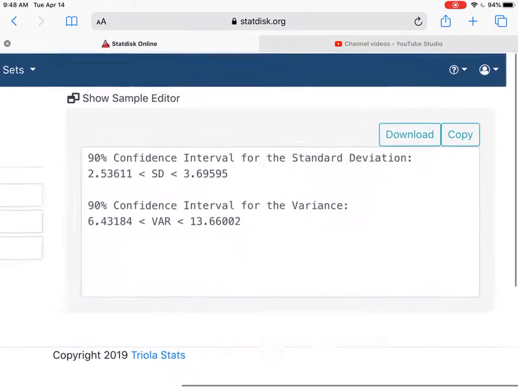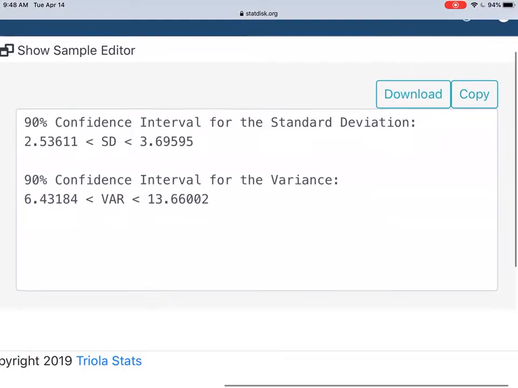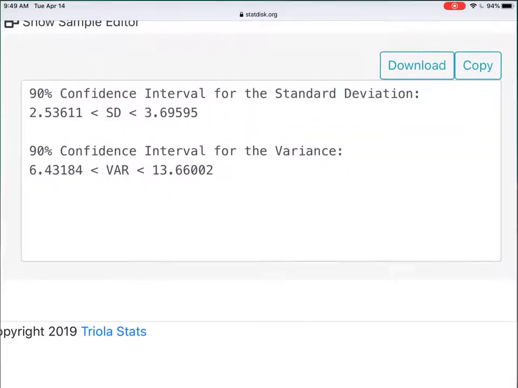The first one is for standard deviation, which is what we are interested in for this problem. But if we wanted a confidence interval for variance, that is also provided right down below. For us, we have 2.536 to 3.696.